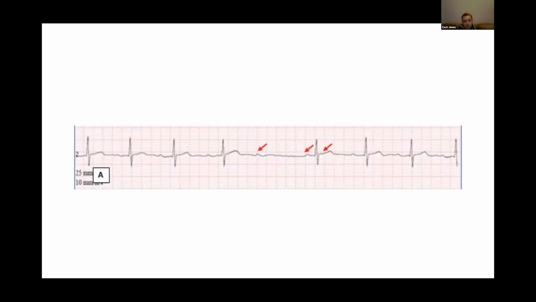Type 2, you have class 2 type 1, which I believe is the same PR interval followed by a dropped complex, versus type 2, which is progressively longer PR intervals followed by a dropped complex. This looks like class 2 type 1.